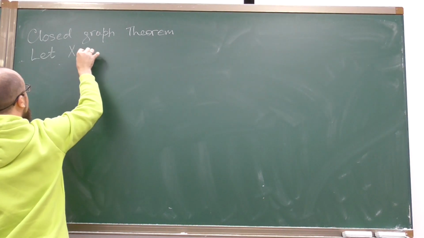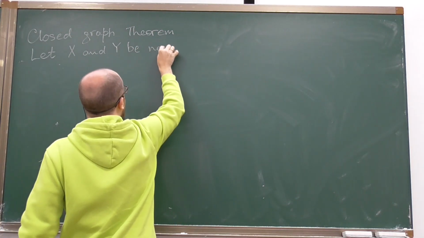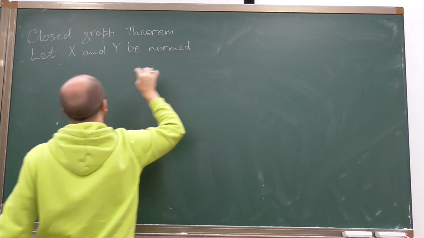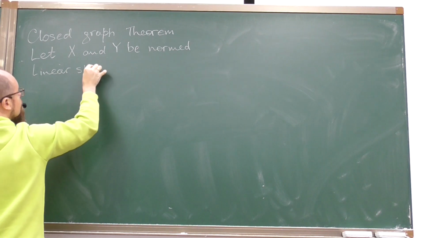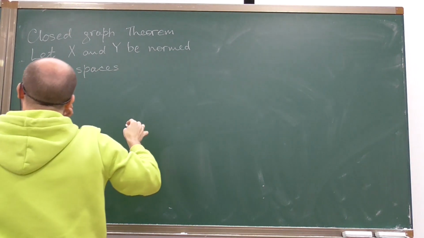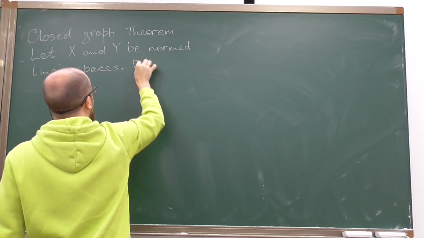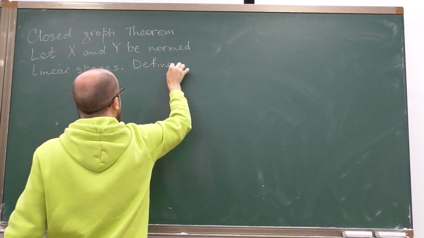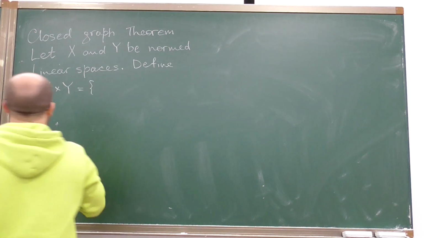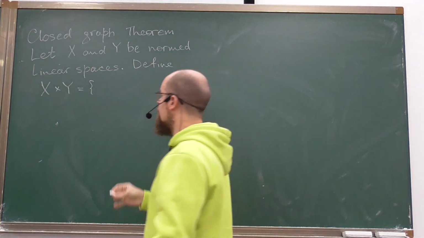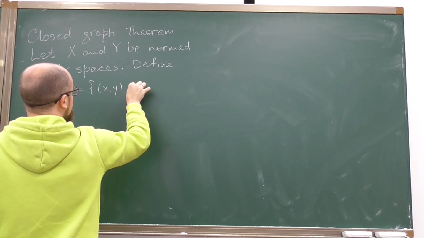So let X and Y be two normed linear spaces. Define a Cartesian product of X and Y as the set of all pairs of elements where the first element is taken from X and the second one from Y.